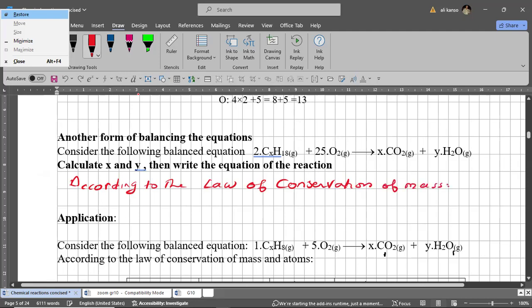What do we have? First of all, we have carbon atom, we have hydrogen atom, and we have oxygen atom.